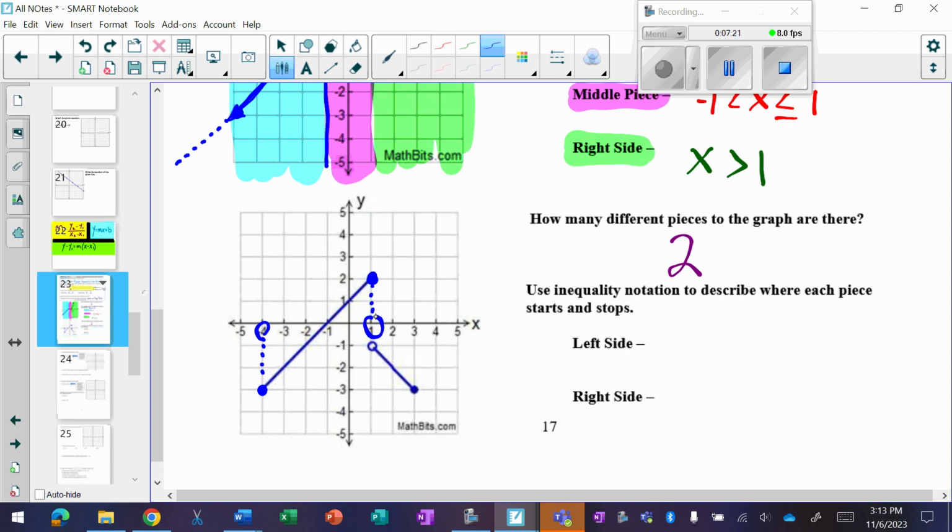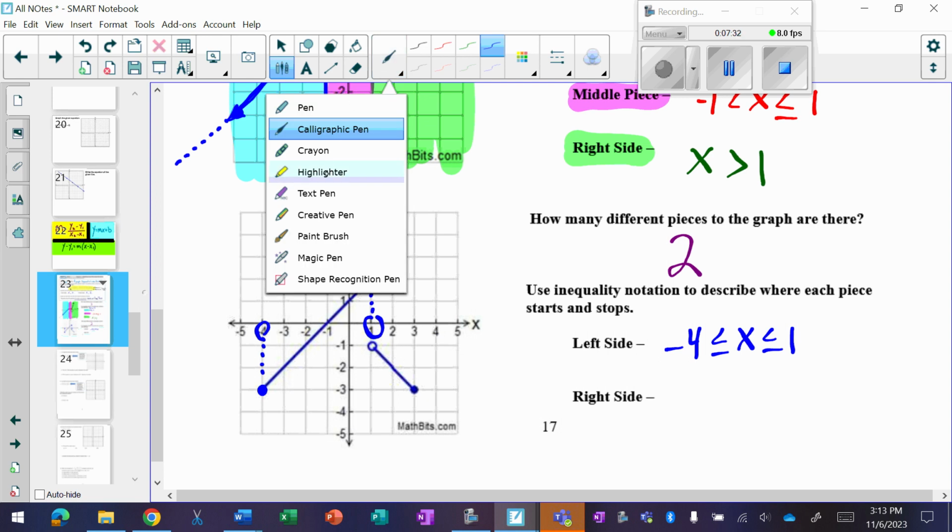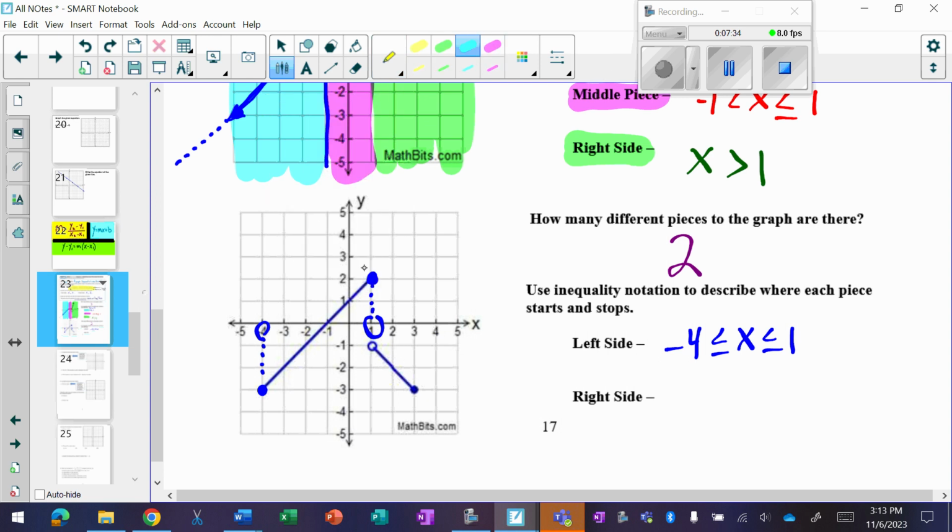So that means the left side of my graph starts when x is -4 and then stops when x is +1. So that section of the graph is from -4 to +1.